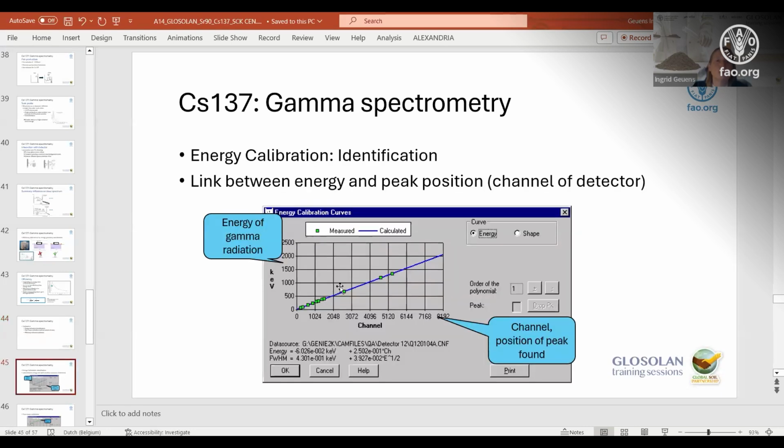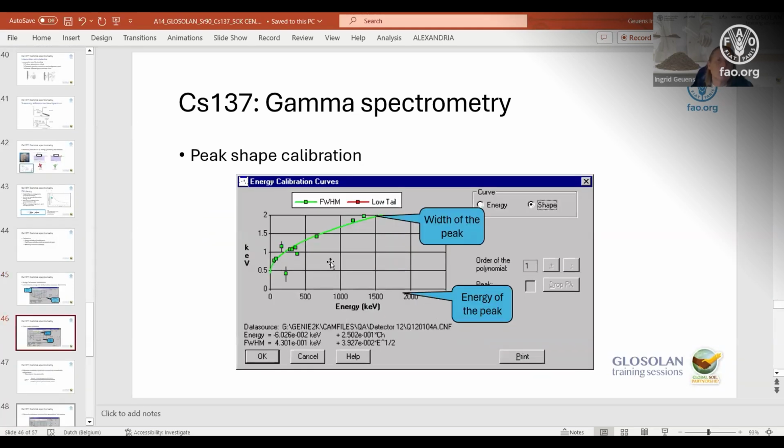So if we look at energy calibration, it's the identification, in fact, of your channel, so you make a link between your energy and your peak position. That, of course, you have to do once, and then it's clear. Normally, gamma spectrometers are very stable, but it's important to do that calibration once, so that if you're looking at a specific channel, you know that's the energy of my gamma ray, and that's in fact that isotope.